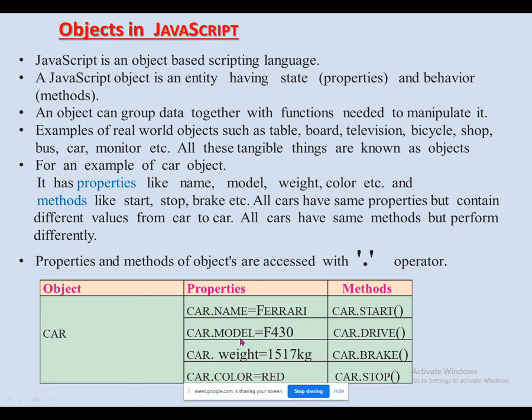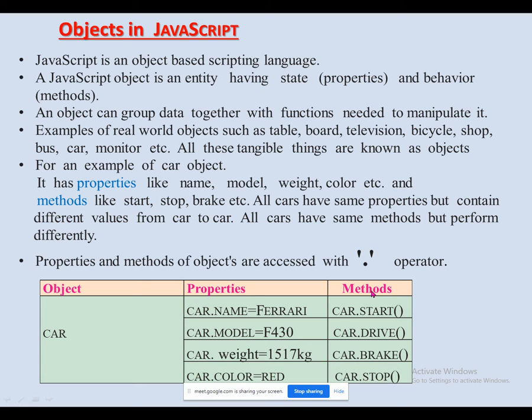Suppose I say car dot model; whatever the value of the model is for that car, you will get it. Car dot weight will display the weight of that particular car, and car dot color means you want to display the color of your car.